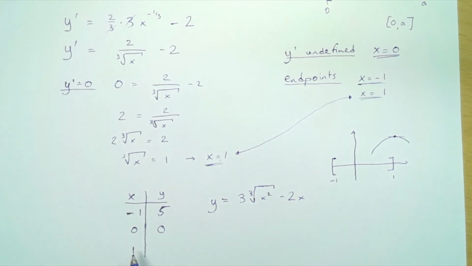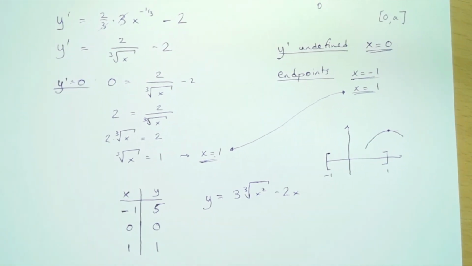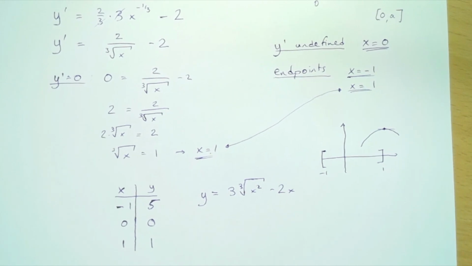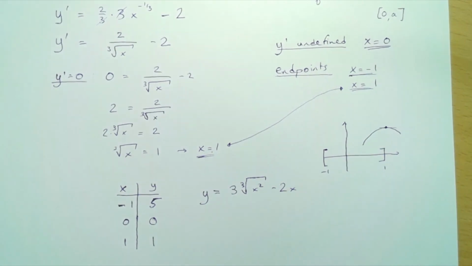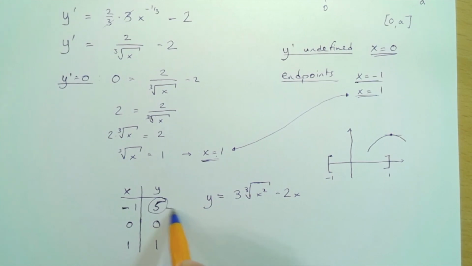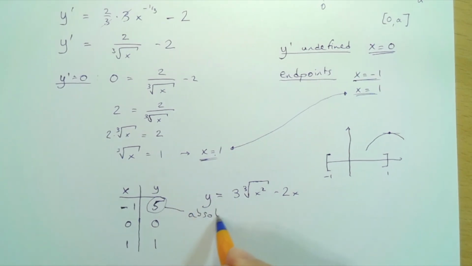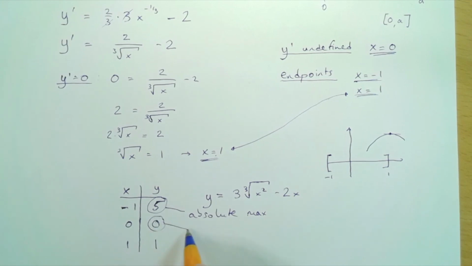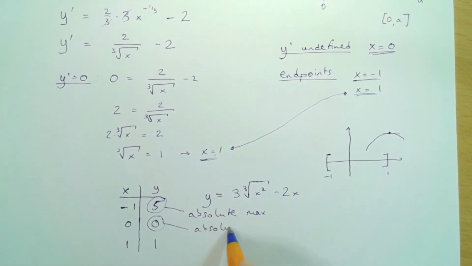What if x equals 1? 1 squared is 1, cube root of 1 is 1, 3 minus 2 equals 1. And now all we need is to observe what outputs we got. 5 is the greatest, so this is the absolute max. 0 is the lowest value, it's the absolute min.